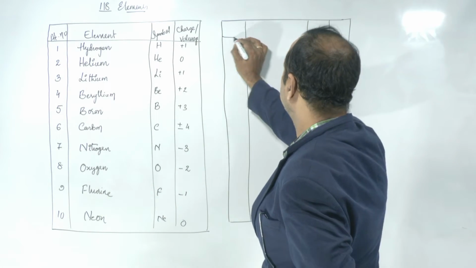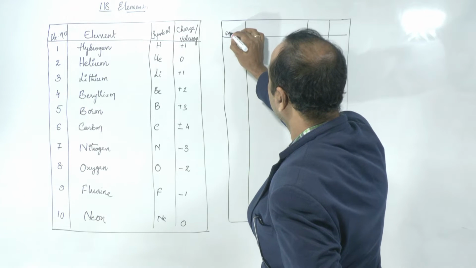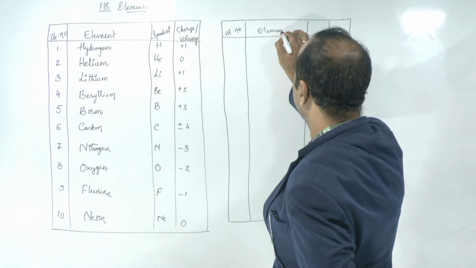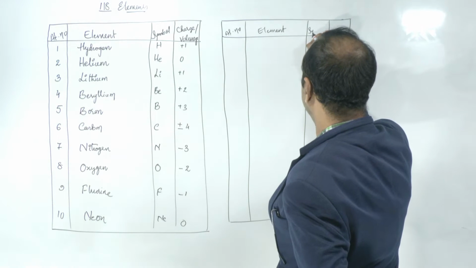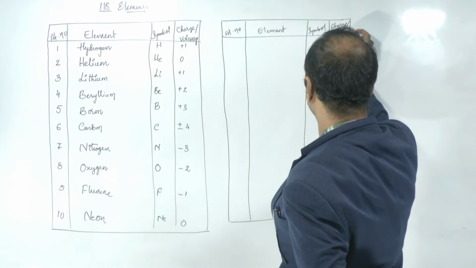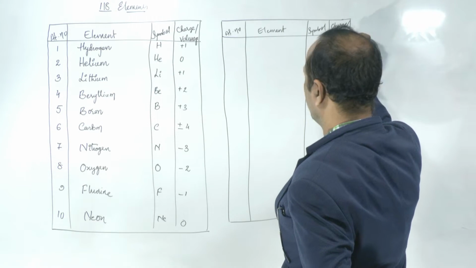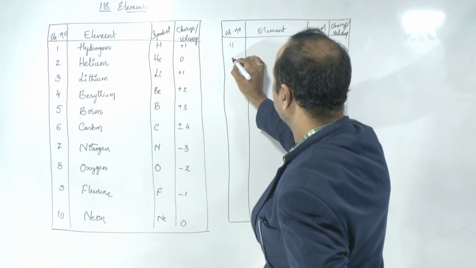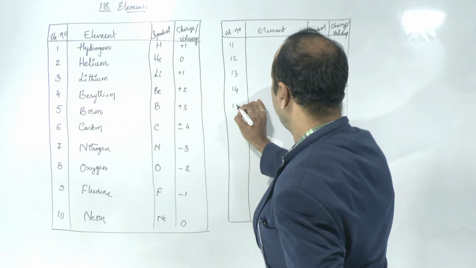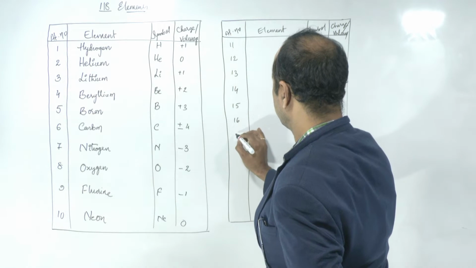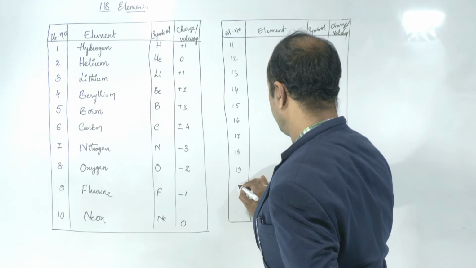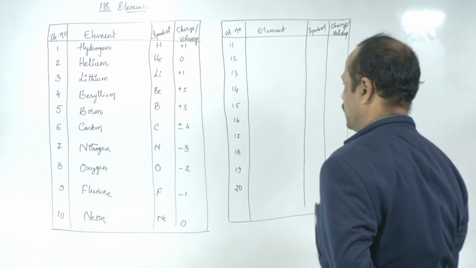Same here also: atomic number, element, symbol, charge or valency. Okay, so 11, 12, 13, 14, 15, 16, 17, 18, 19, 20.